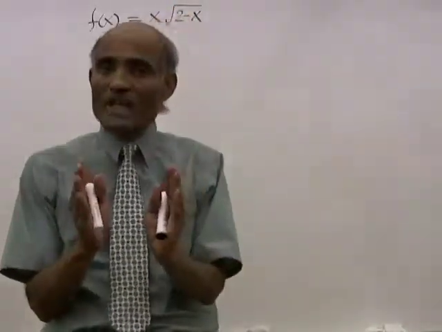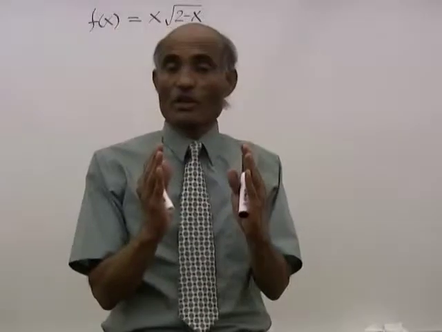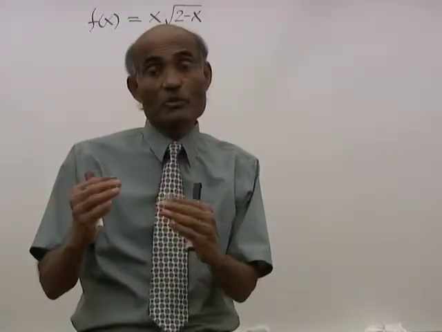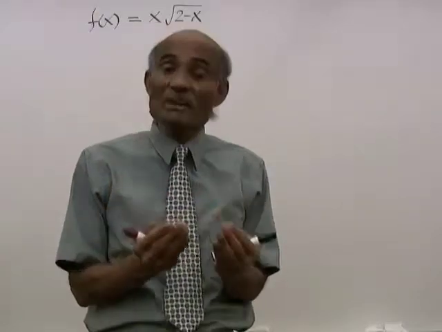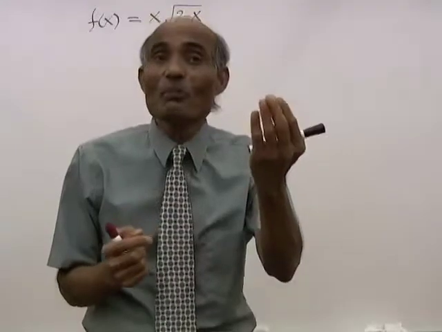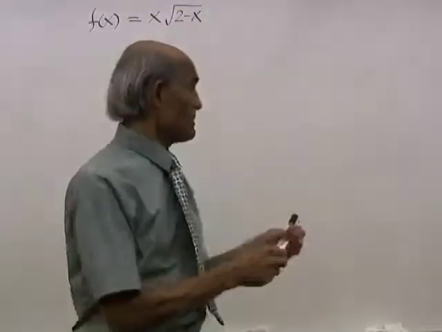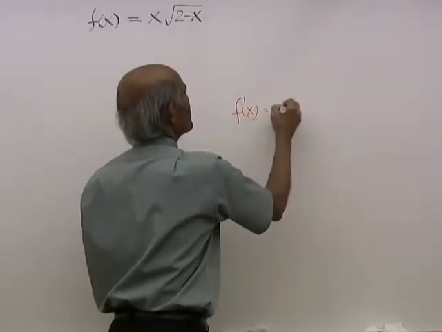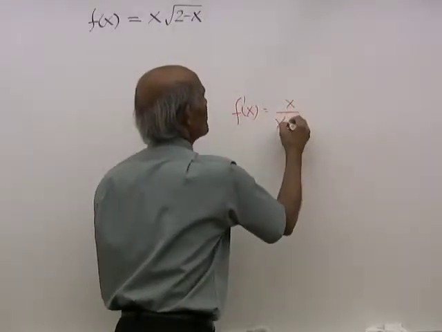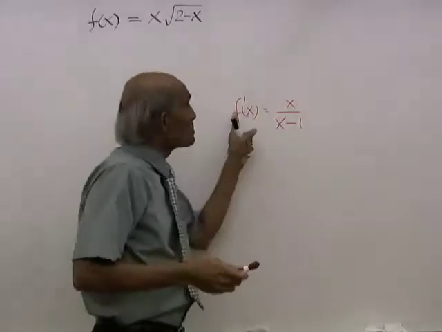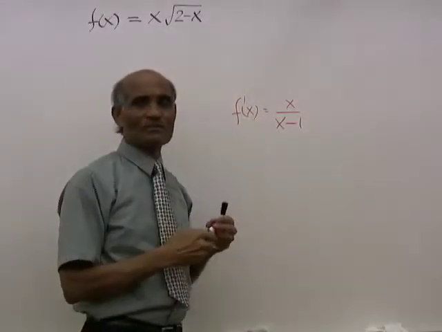But there is a small danger in that statement, because for a number of x values, when the derivative is undefined, that x value may not be in the domain of the function. For example, if I have f prime of x equal to, say, x over x minus 1. This is the derivative of some function.